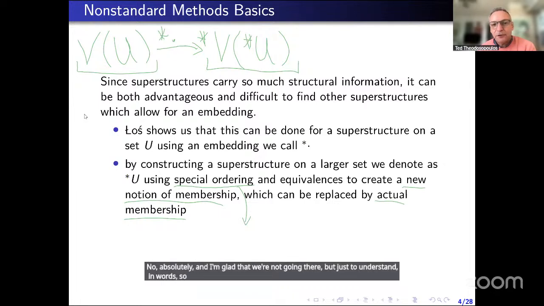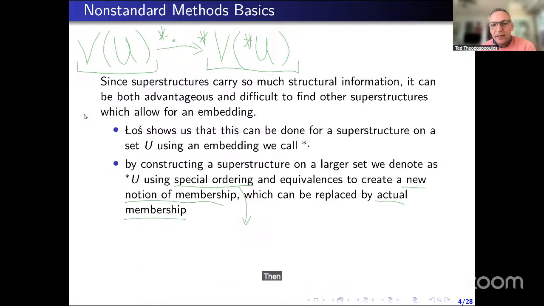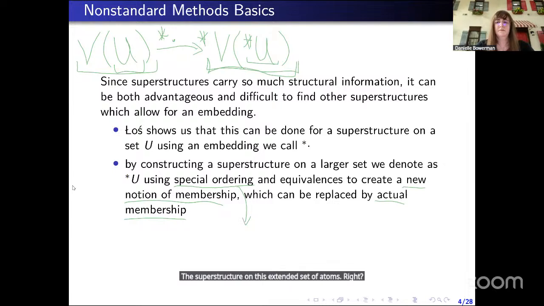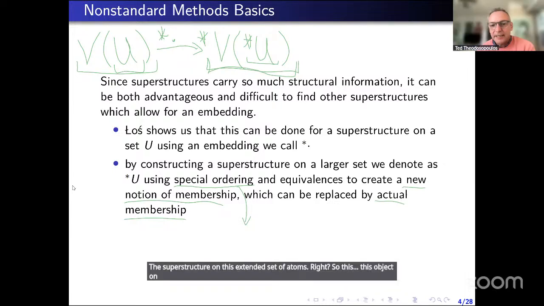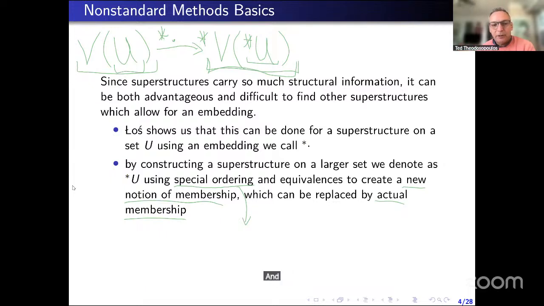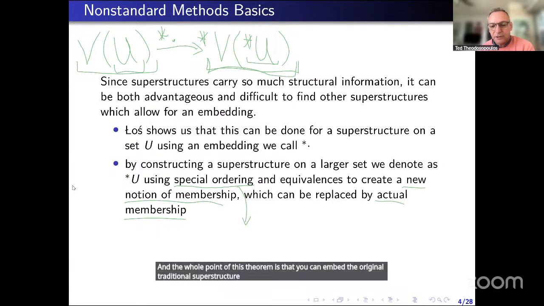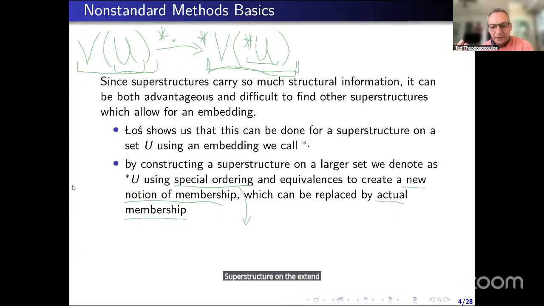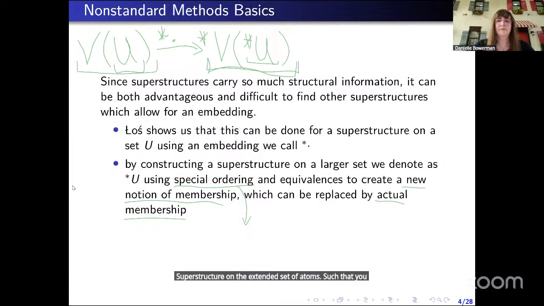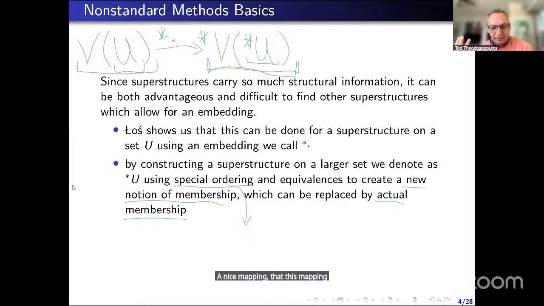So you're extending first a set of atoms, and we are also extending with this outside star the superstructure on this extended set of atoms, right? Mm-hmm. So this object on the right isn't the standard superstructure, it's some extension of it. And the whole point of this theorem is that you can embed the original traditional superstructure on the traditional set of atoms inside this extended superstructure on the extended set of atoms, such that you maintain a nice mapping, that this embedding is a proper embedding.